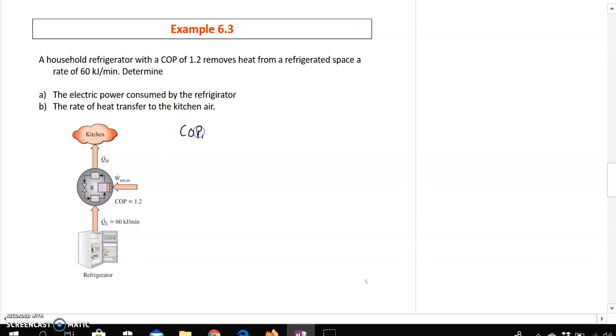First, let's start with the basic equation. COPR is equal to QL over W net in. The question asks for W net in, so you have to rearrange this equation: W net in is equal to QL over COPR. QL is already given, 60 kilojoule per minute, divided by 1.2.